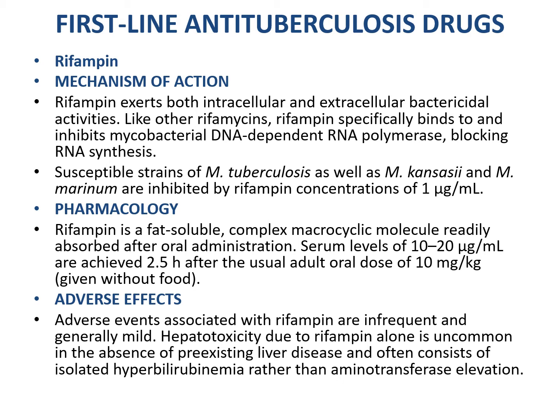Adverse events associated with rifampin are infrequent and generally mild. Hepatotoxicity due to rifampin alone is uncommon in the absence of pre-existing liver disease and often consists of isolated hyperbilirubinemia rather than aminotransferase elevation.